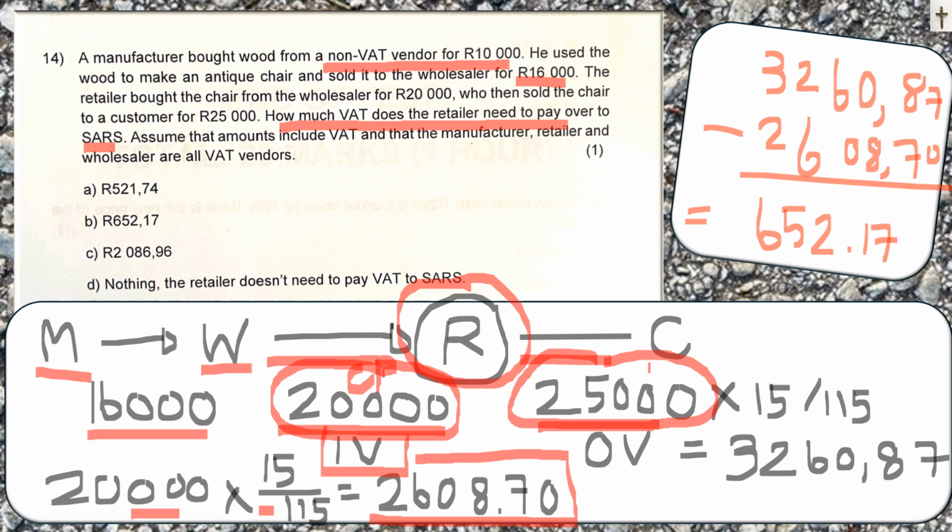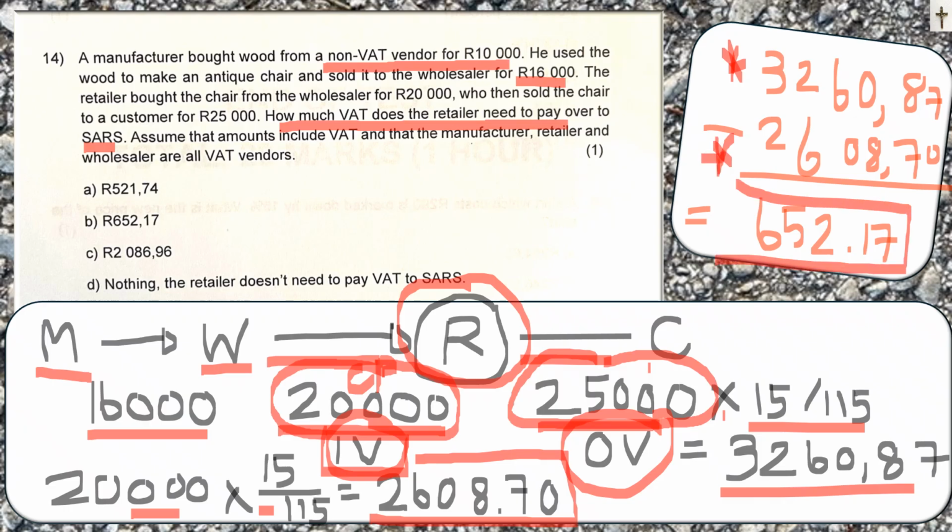Included in the 25,000 Rand sales is output VAT. So we say 25,000 times 15 over 115 is equal to 3260.87. Now what gets paid to SARS is the difference between output VAT and input VAT. And up here I've got the output VAT 3260.87 minus the input VAT is equal to 652.17. That gets paid to SARS.